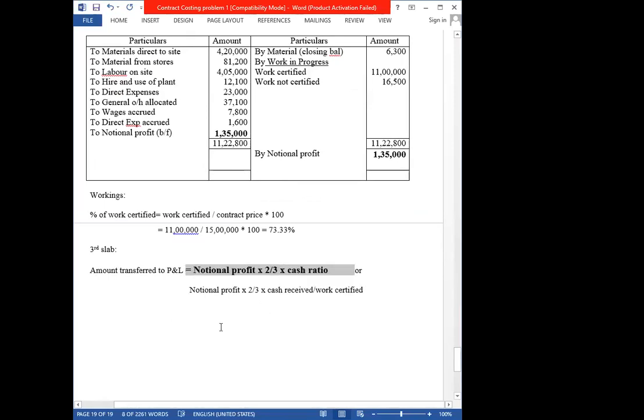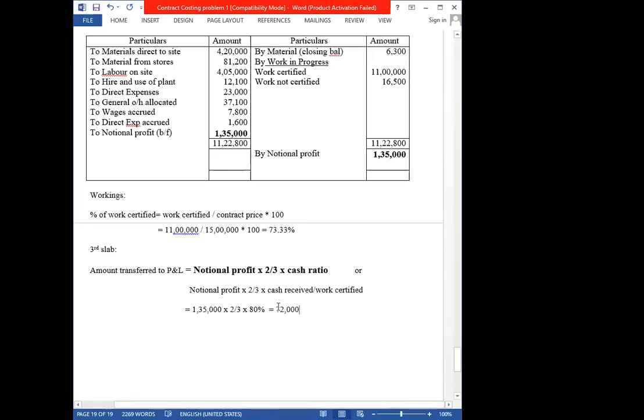It is easy for me. So what is the formula I'm going to use? Notional profit, that is 1,35,000 into 2 by 3 into what is the cash ratio? 80%.